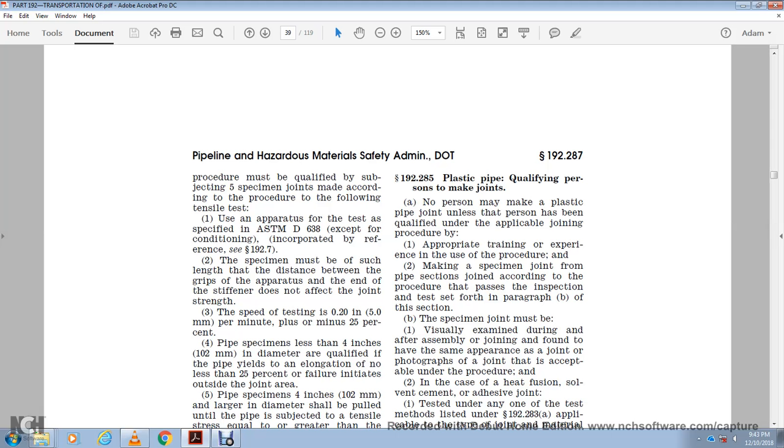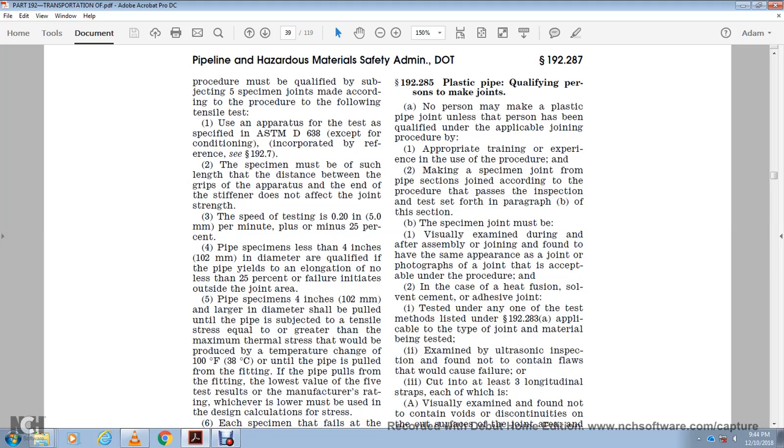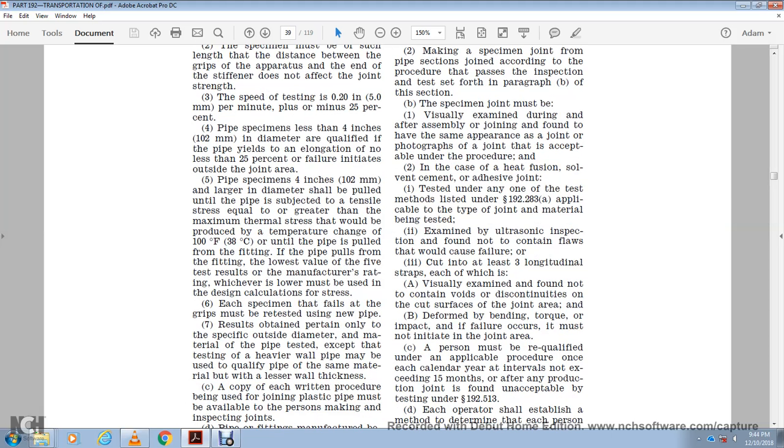The joint must have the same appearance as a joint or photograph of a joint made according to the procedure, in the case of heat fusion, solvent cement, or adhesive joints. It is tested under any one of the test methods listed under 192.283(a) applicable to the type of joint and material being tested, examined by ultrasonic inspection and found not to contain flaws that would cause failure, or cut into at least 3 longitudinal straps, each of which is visually examined and found not to contain voids or discontinuities on the cut surfaces of the joint area. If it is tested by applying torque or impact, the failure must be initiated in the joint area.